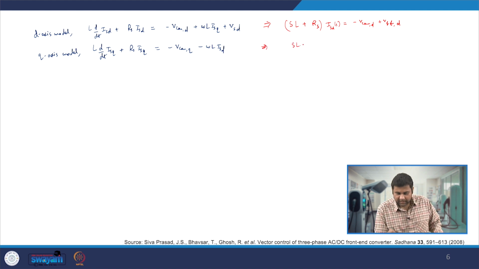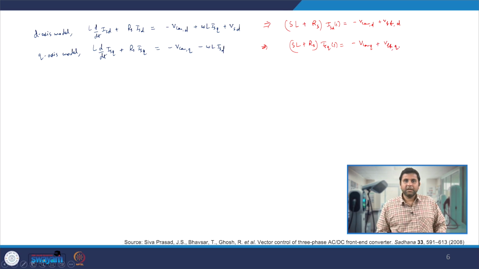We have SL plus RS times ISQ of S, nothing but minus V converter Q, and we can then also add some V forward across the Q axis. We will add such feed forward such that we can actually cancel out these two terms.